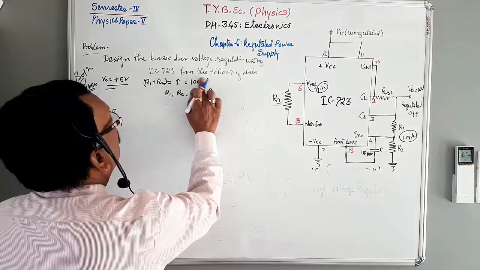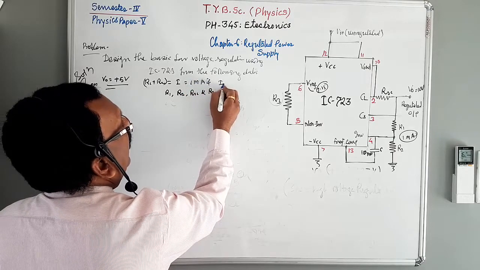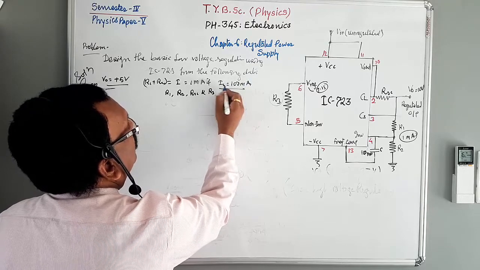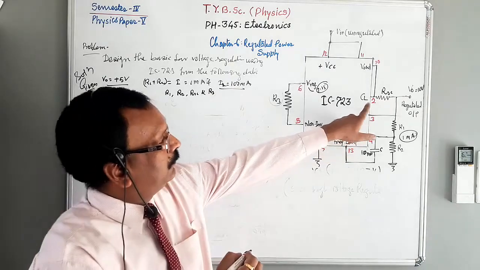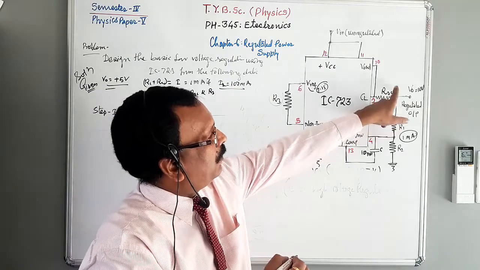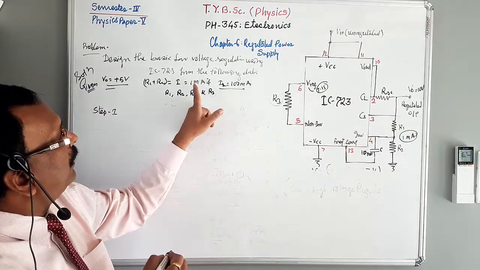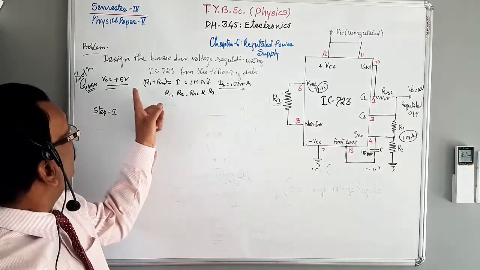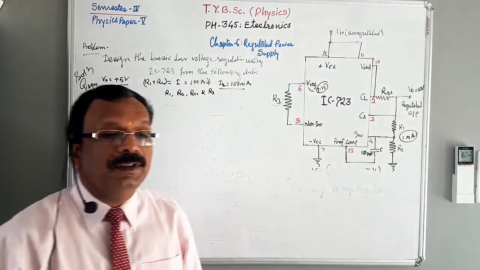This is 1 milliampere, and also one thing is given, IL is 100 milliampere. That is the current limit. There are two currents: the current through RSC is 100 milliampere, and this is the current flowing through R1 and R2. Three things are given, so don't confuse.